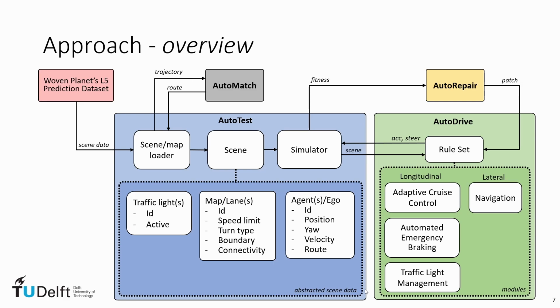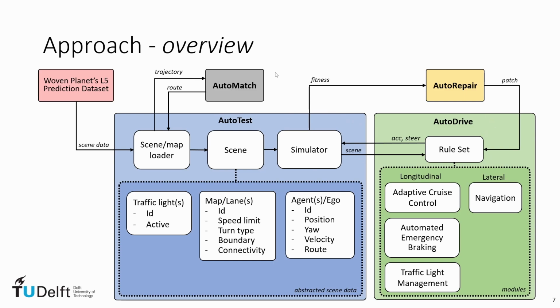Then AutoDrive is the autonomous driving system, which is rule-based, so it uses a rule set which is able to be run on the AutoTest benchmark, so the AutoTest simulator. Then AutoRepair is a variation of ARIAL, which is the automated repair algorithm that I just introduced. And this will be able to patch the rule set based on the feedback it receives from the simulator.